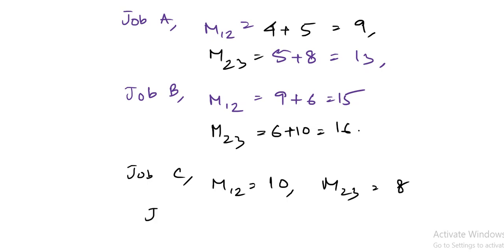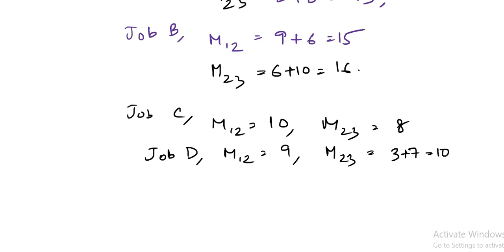For job D, M12 is 6 plus 3, that is 9, and M23 is 3 plus 7, that is 10.